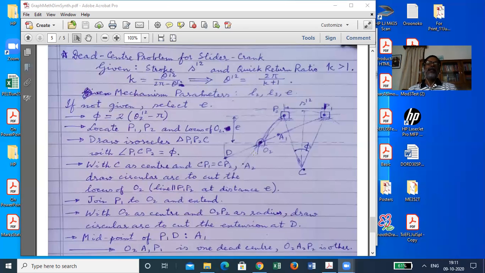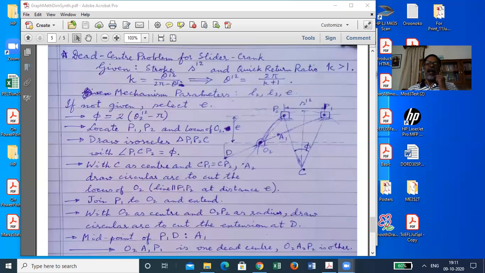And then you see you have got one thing. What is this angle? Now you see P1 P2 is making angle phi at the center, and making this angle at a point on the circumference.